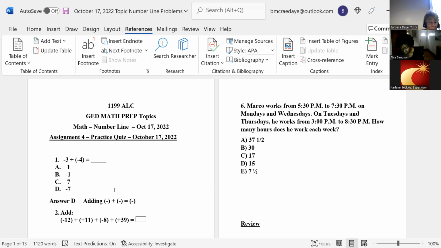Because if you owe somebody money, Alva, say you owe somebody $5, right? Then you borrow another $10 from that person. How much do you owe them now? 15. So it's a negative 15. So that's how people get further, what they call in the hole, because your negatives just build up. So minus plus minus gives minus.